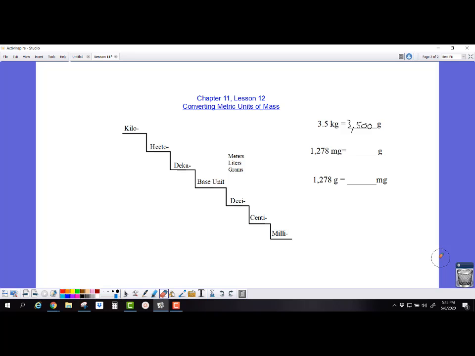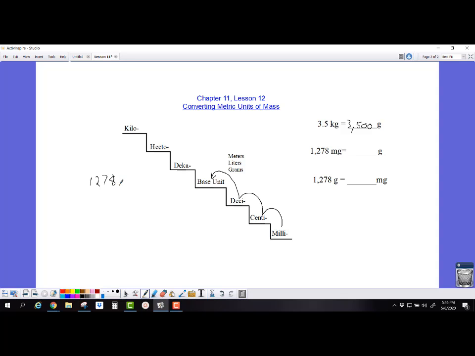So if we're going to look at 1,278 milligrams, we have to start way at the bottom of our scale. So milligrams to grams. So we are going up. 1, 2, 3. And you'll notice that when you go up, you are also going to the left. So 1,278 milligrams. And remember, every decimal ever in history is always immediately to the right of the ones place.